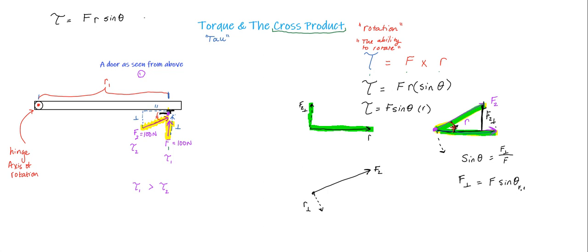So you could write it this way, or F cross R. Now, because the result here is a vector, this is going to have a direction, but we will only talk about that a little bit later when it actually has more impact on the physical situation.